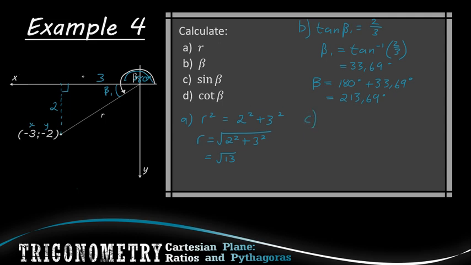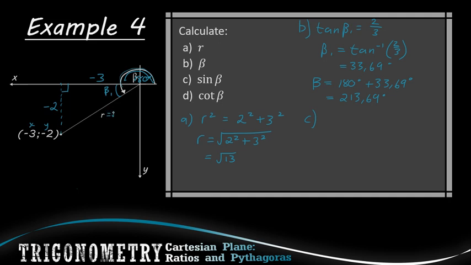Okay, now the next one is to find sine beta. Now in this case we have to use our signs, okay? We are still working out of this same angle over here. And sine we know as opposite over hypotenuse.